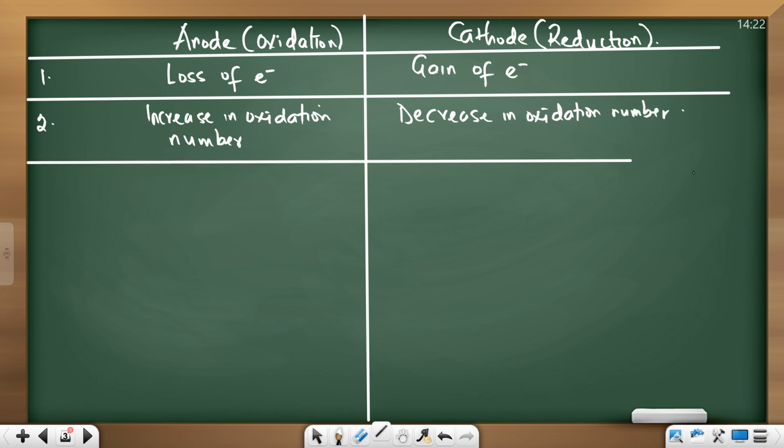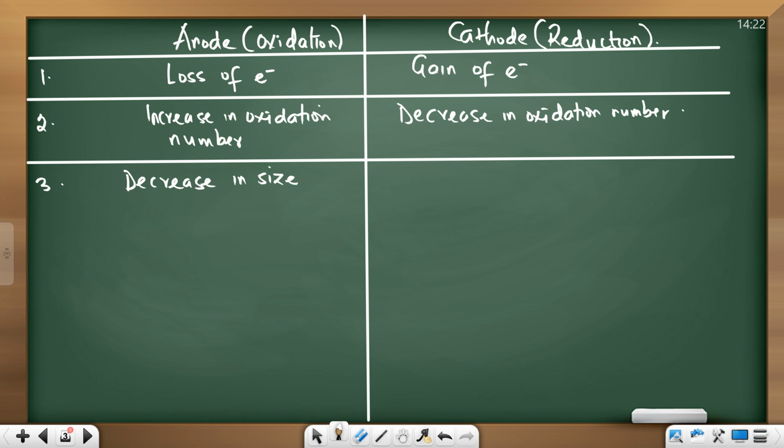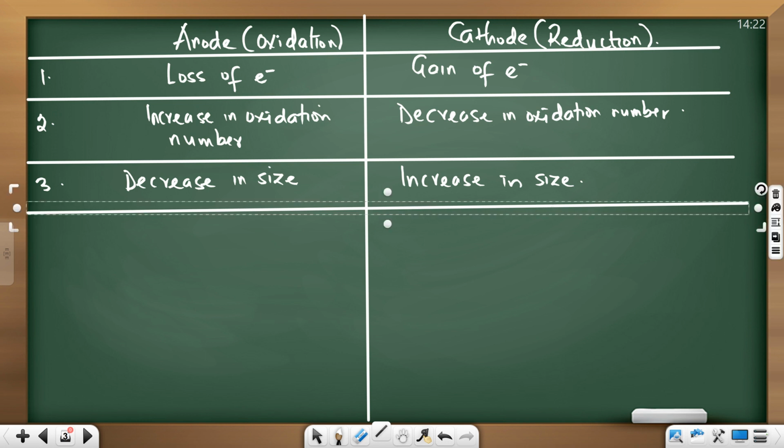Number three, anode will decrease in size. The cathode will increase in size. Number four, I'm sure you remember all the little tricks that I spoke about.